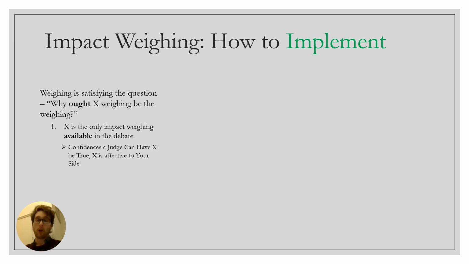As a general structure, you can either argue that X is the only thing that is available in the debate. So one logical way of making one weighing metric more important than other weighing metrics is to argue that the other weighing metrics don't have a delta in the debate. As in the case if you're trying to weigh intensity, you could say the same number of actors are affected.